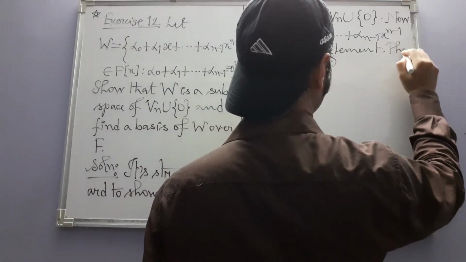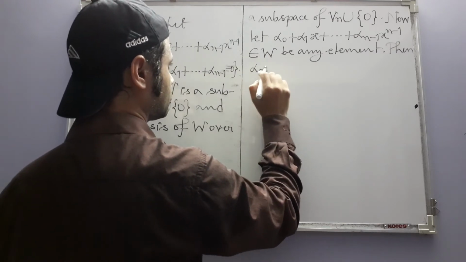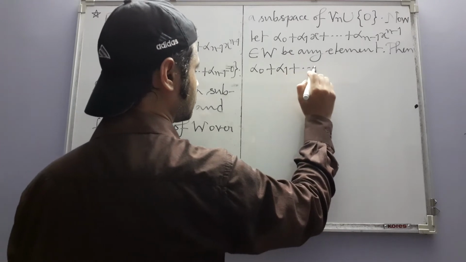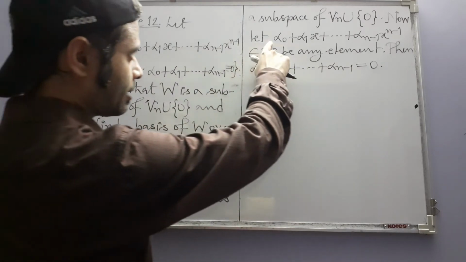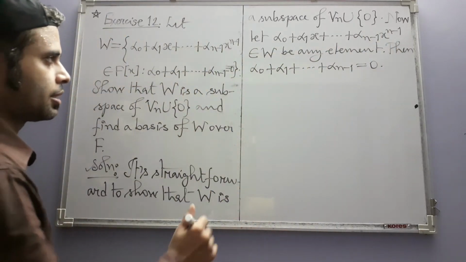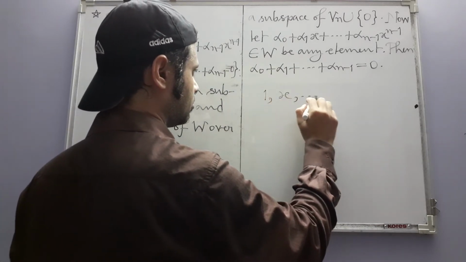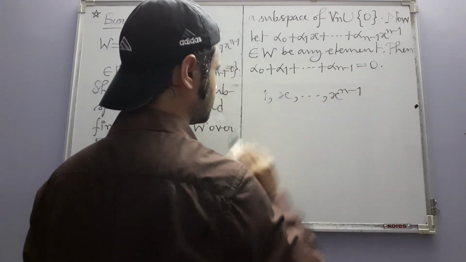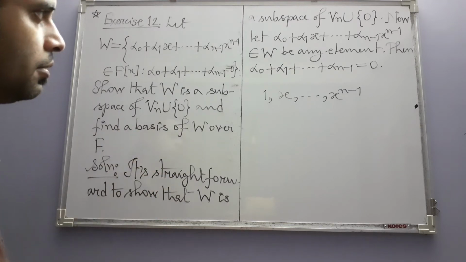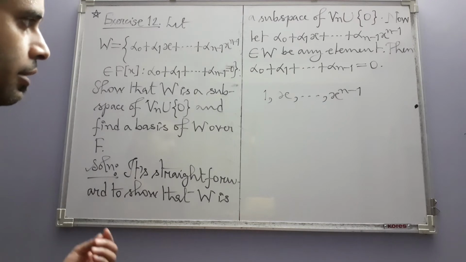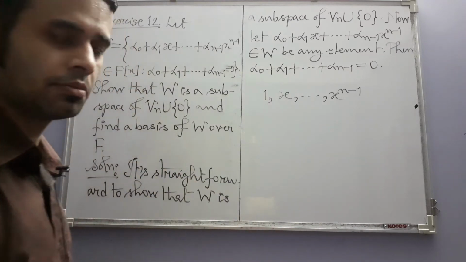Then the sum of the alphas is equal to 0. Now looking at this polynomial, it just simply tells us this simple fact that these monomials, these vectors, span this polynomial. But keep in mind, you need to find a set of vectors in W which spans W.